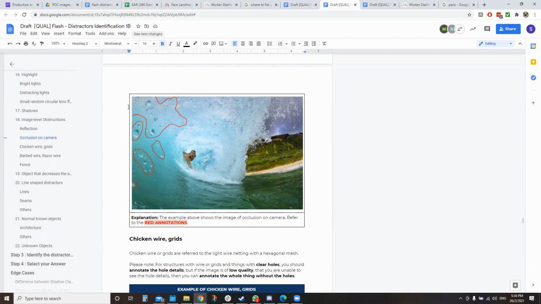Understood, Shabin? This is one of the edge cases. There's no point putting so many key points on tiny things, because you are going to annotate the whole area and just remove the whole thing.